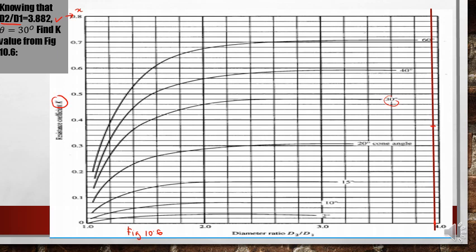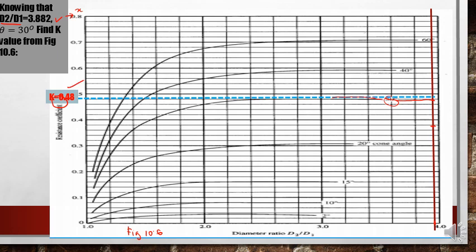As you can see, the line for it goes along here, so we just assume that it extends to here. This is the cross section, and finally we get K equals 0.48.